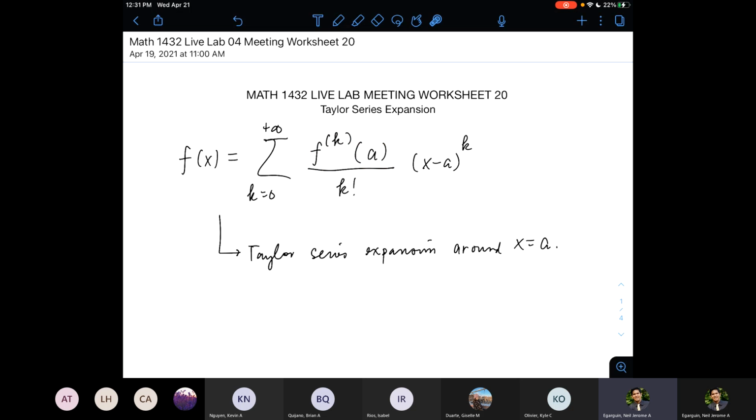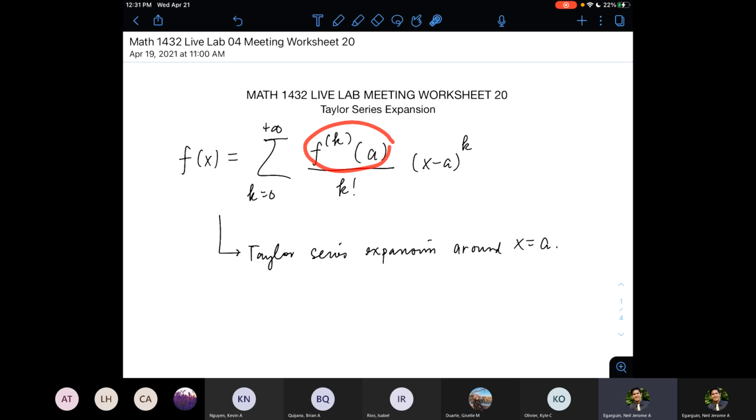And that's one thing students forget. They know that they need to evaluate the derivative of f, but they forget to plug in the value of a, which is the center of the expansion. So this should be a constant, not a function or a variable in your expansion, because you're plugging in the center of expansion.